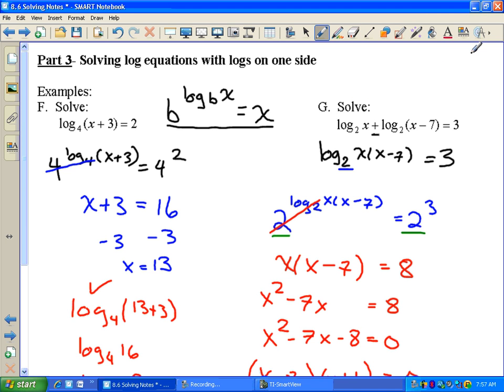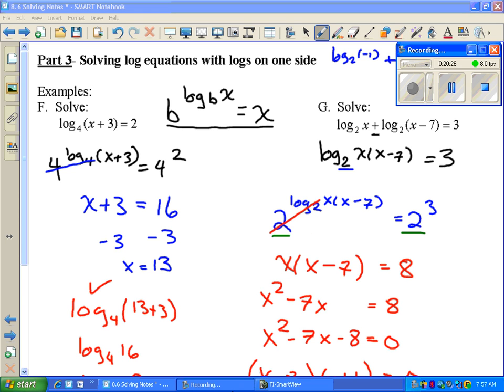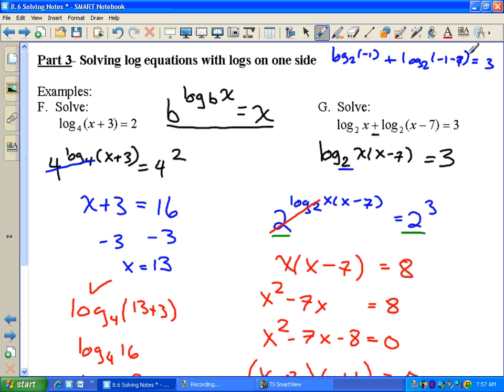Okay. So log base 2 of negative 1 plus log base 2 of negative 1 minus 7 is equal to 3. Well, this is where problems start happening, because here, log base 2 of negative 1, this doesn't exist. There's no solution.